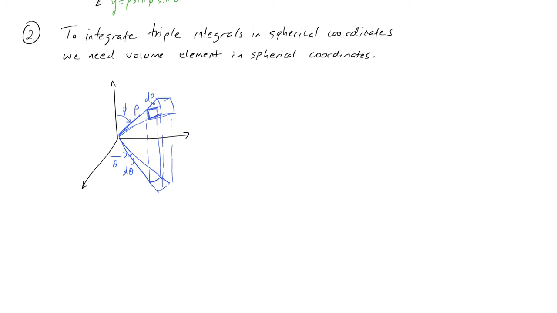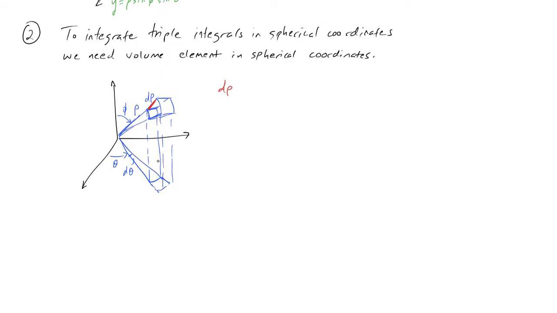Okay, so we got to figure out the dimensions of this little kind of stretched cube. So clearly this dimension here, the easiest dimension to figure out is d rho. That's one side of our cube.